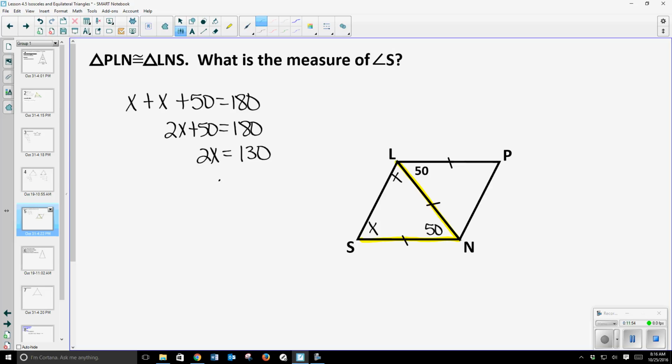So what's half of 130? 65. And you can double check that. It's 65 plus 65 plus 50, 180. Okay? Probably should put angle S is equal to that, since we used X to show that angle S is equal to X.